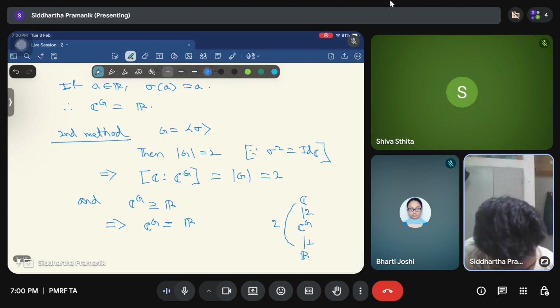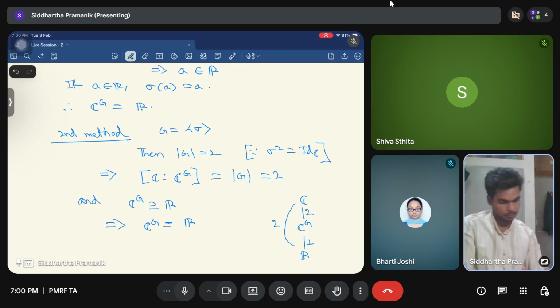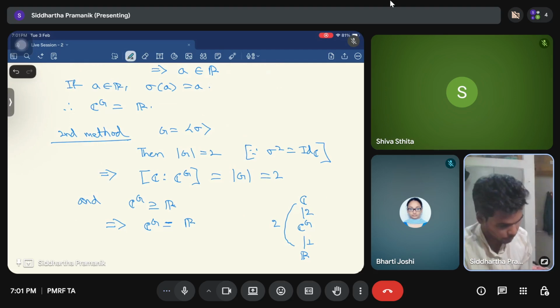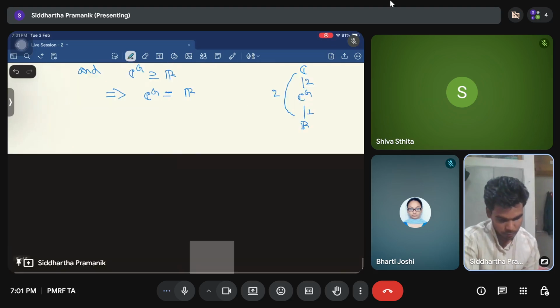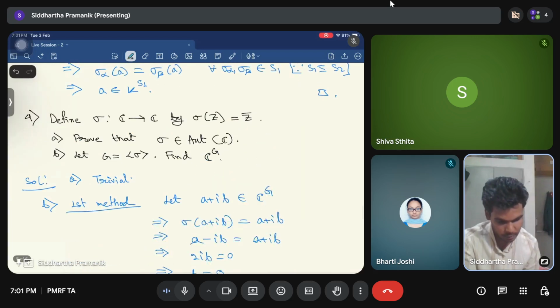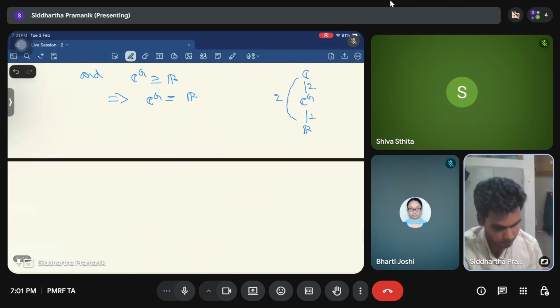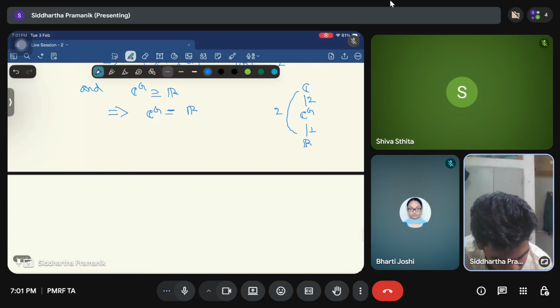Okay, so I hope this thing is easy, but these are just observations. So the fixed field is just the field of real numbers. Okay, let's move on.